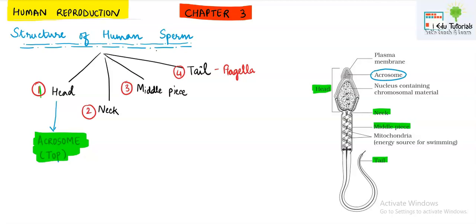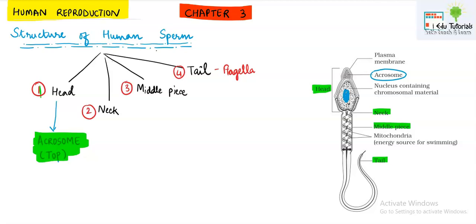Now acrosome is actually a bag full of enzymes that basically helps in penetrating the female gamete so that the nucleus which is there in the head can go into the female gamete.